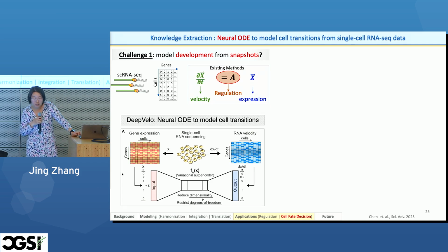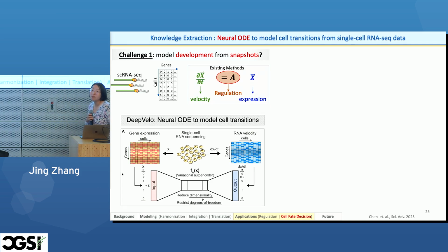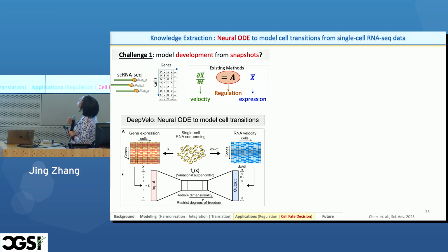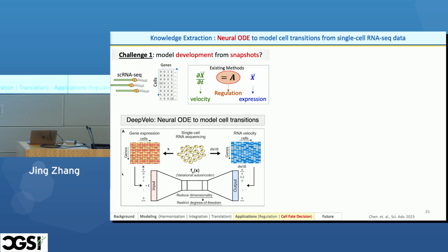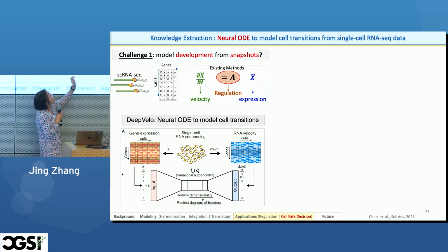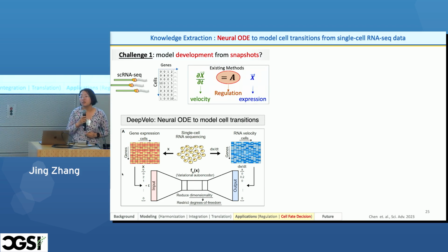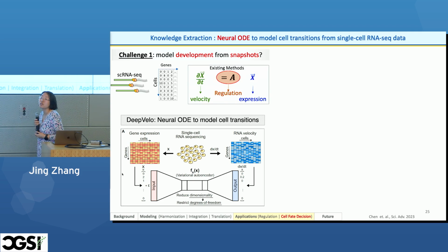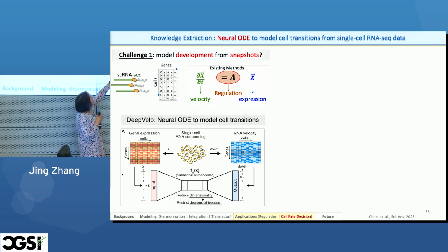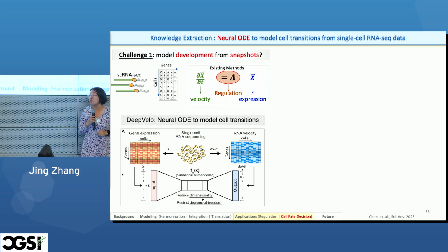So what we did is we developed a method that is called DeepVelo. That's a neural ODE-based method to model cell transitions. So the X is basically the existing gene expression profile, and Y is the RNA velocity, the change of gene expression. And we assume that they are sitting on the low-dimensional space.